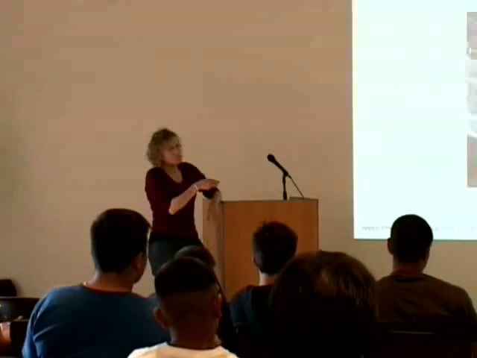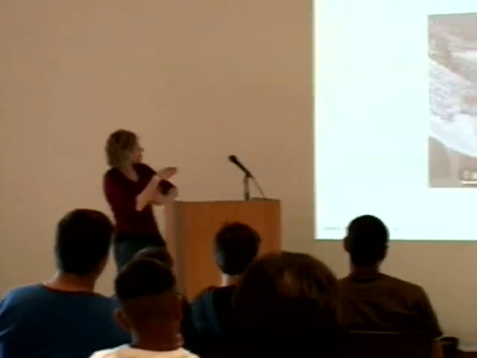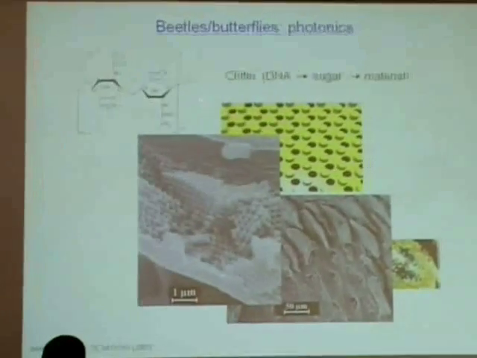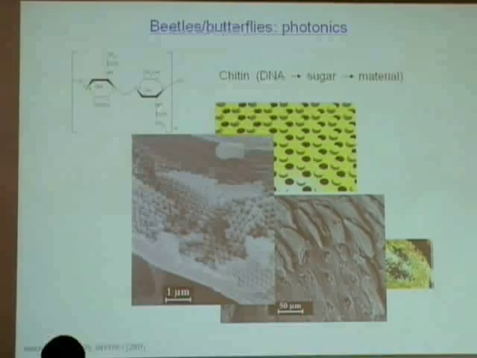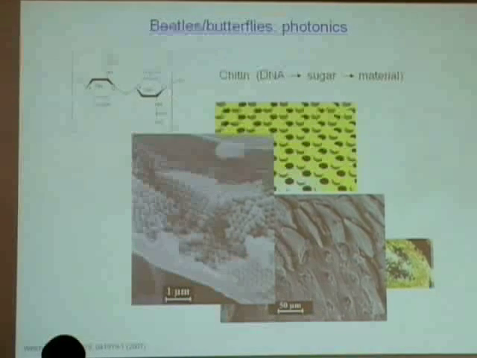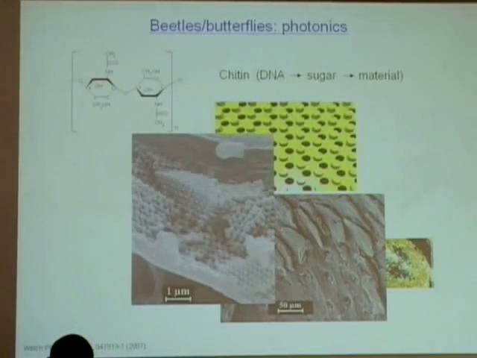Well, this is the other interesting thing. So what are these materials made out of? In this case, it's made out of a molecule called chitin. Chitin is actually just a sugar that is made by the weevil, and it polymerizes and forms a long chain of sugars. Well, the funny thing is that this structure up here is chitin, these layers, and these hexagons that form that photonic material are chitin also.